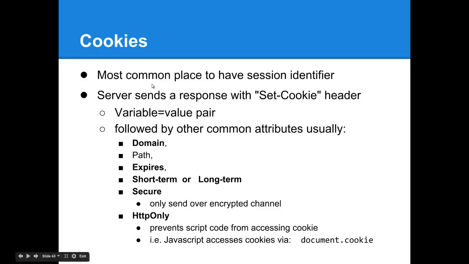The domain and path settings are very useful for establishing where the cookie should be sent, as well as it is used for enforcing same origin policy, SOP. And so the domain, by default, if it's not set by the developer, will be set to the domain the request is sent to.